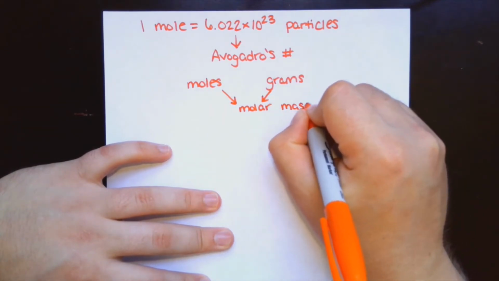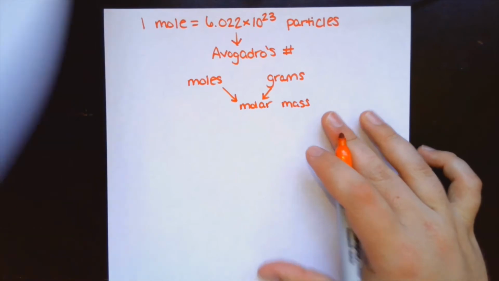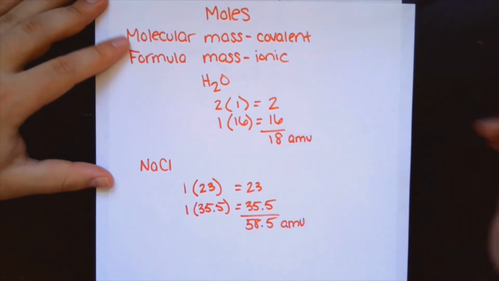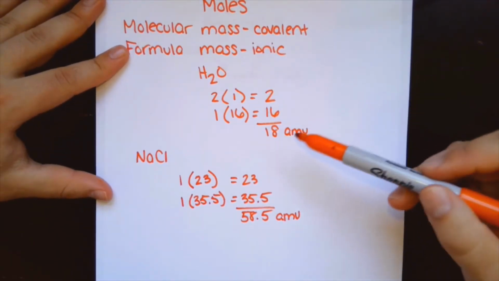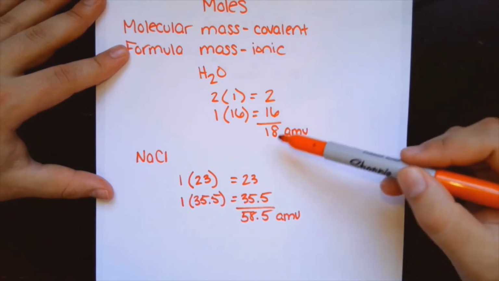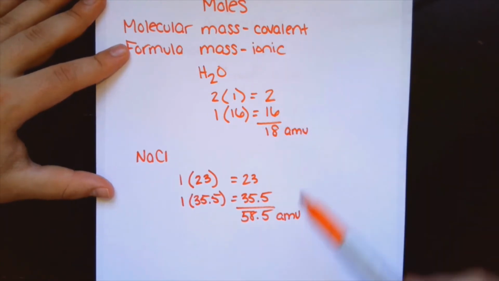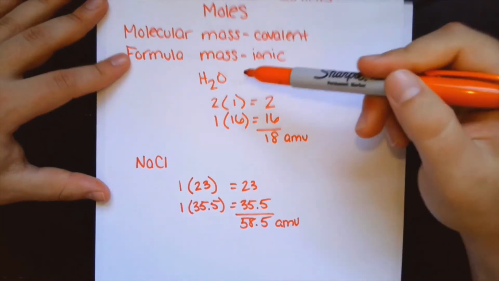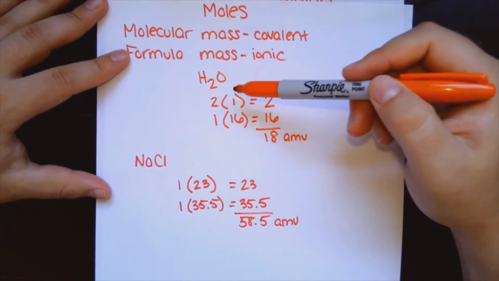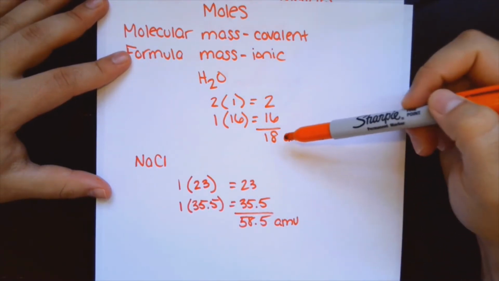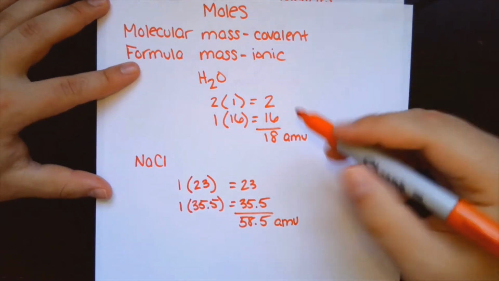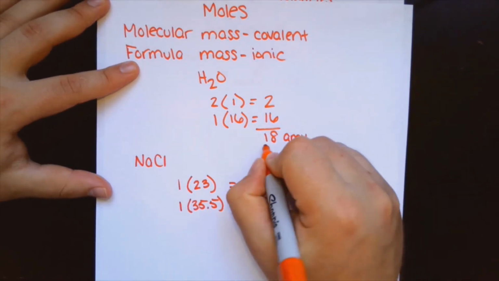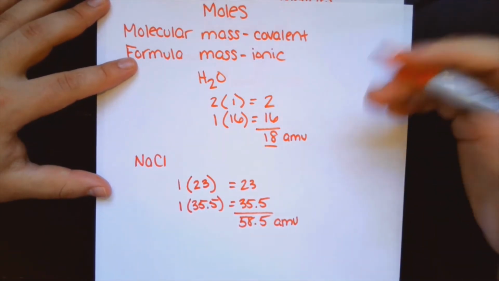The molar mass is basically just what we did here with the molecular mass and the formula mass. Now, remember, this is one individual molecule of water. This is one individual formula unit of NaCl. But if we have 1 mole of water, how much mass does it have? Well, the atomic masses on the periodic table also represent the mass per mole.